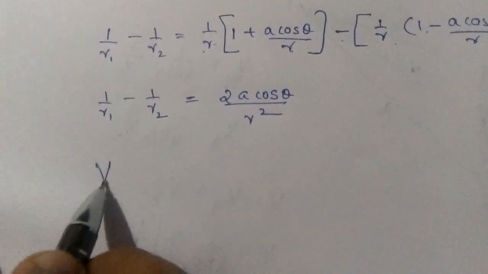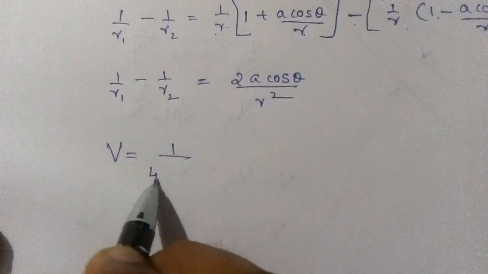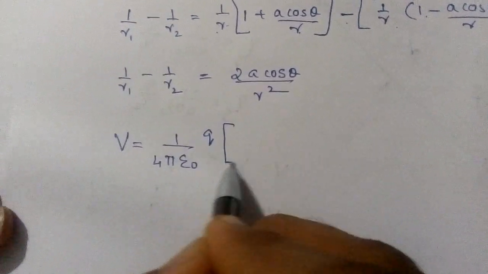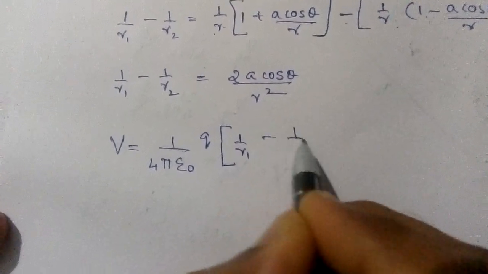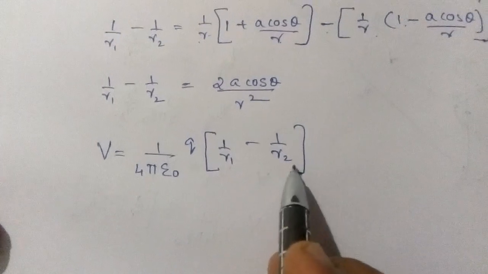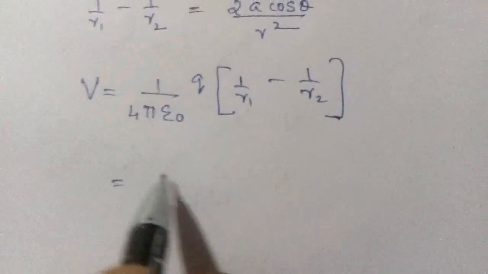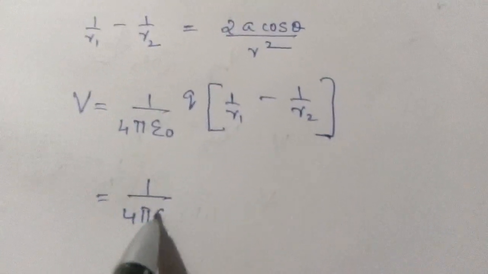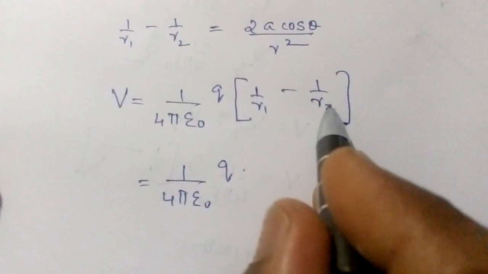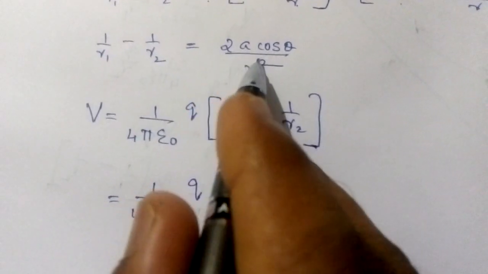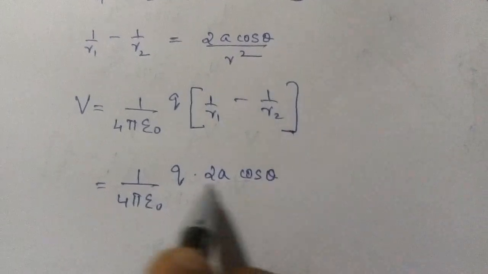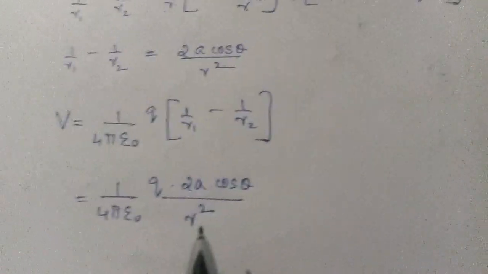So we got the potential as 1 by 4 pi epsilon naught into Q into (1 by R1 minus 1 by R2). You can substitute 1 by R1 minus 1 by R2 as 2A cos theta divided by R squared.